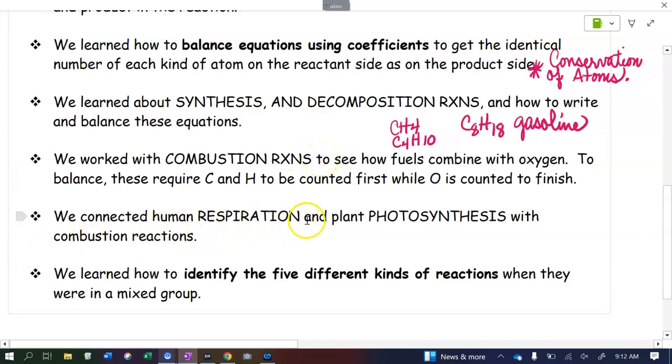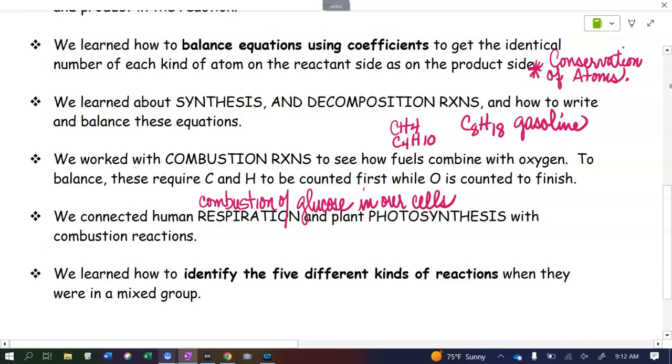Then we connected human respiration and plant photosynthesis with combustion reactions, where this is combustion of glucose in our cells. And if you're thinking that's what gives you heartburn, my cells are on fire!